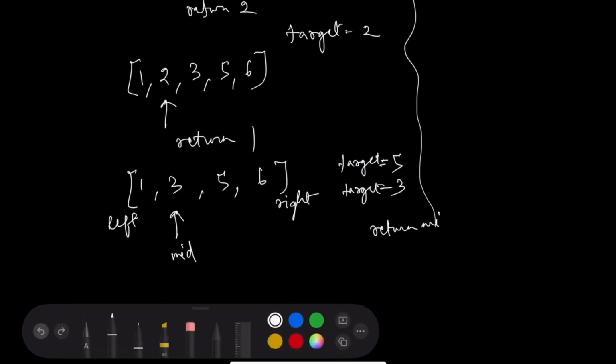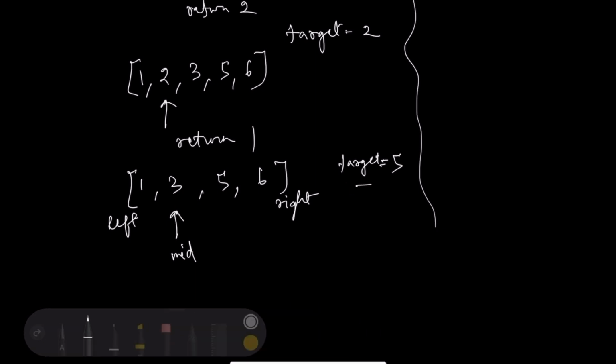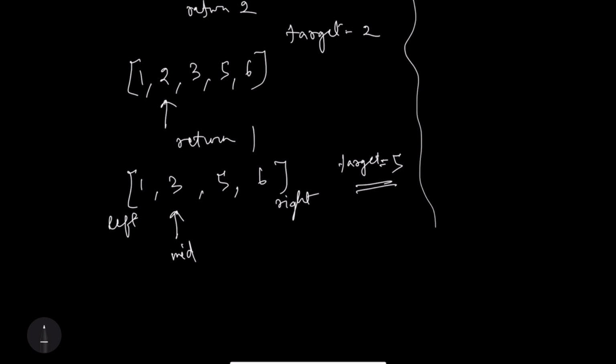As we do not have that, now let's check out for 5. So our first condition would be target is equal to the number in mid position. If it is, we will be returning our mid position.